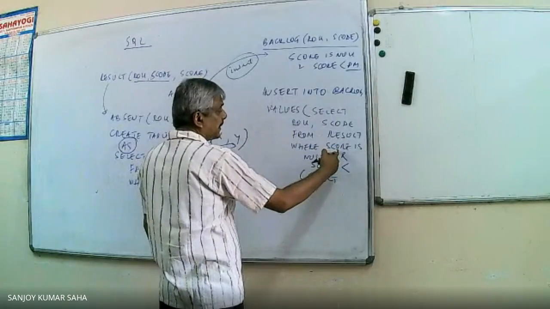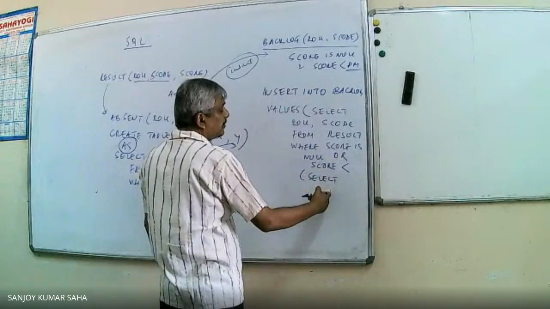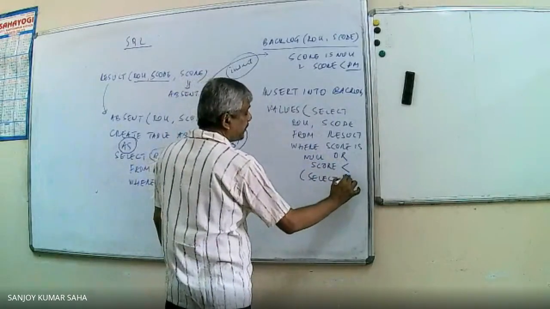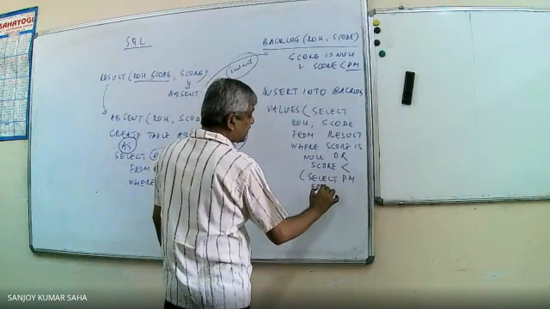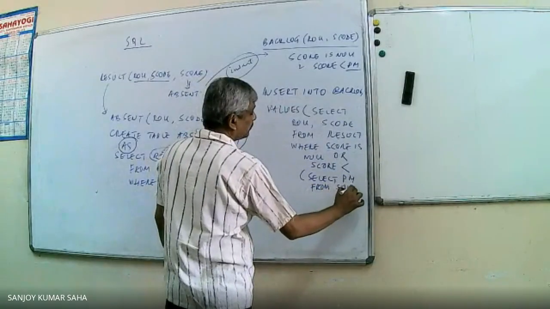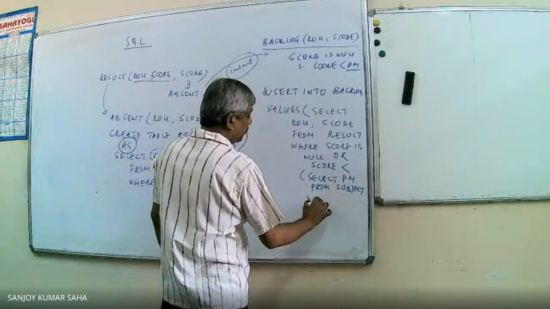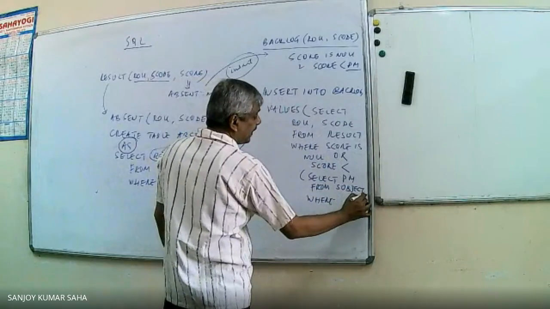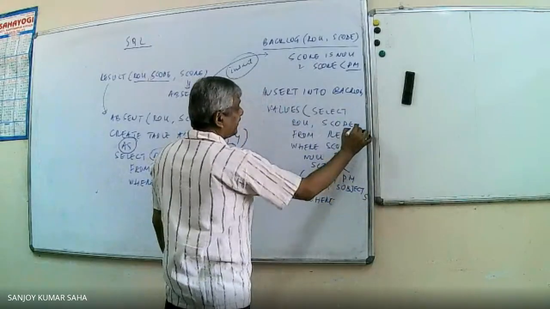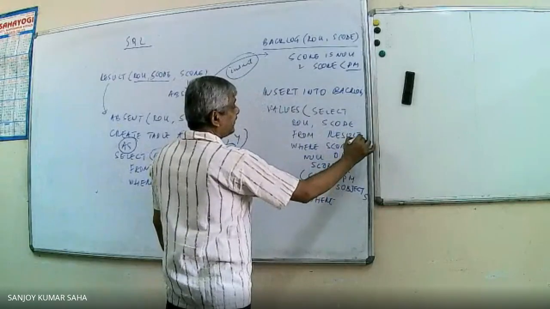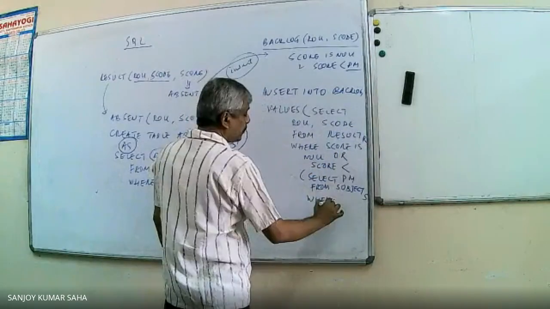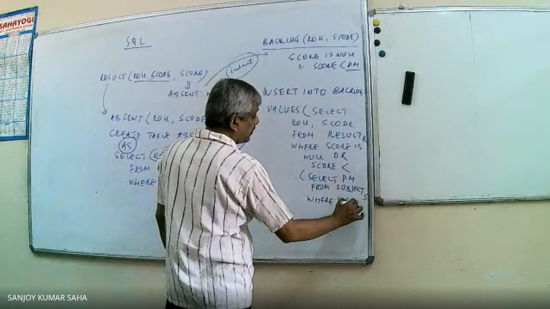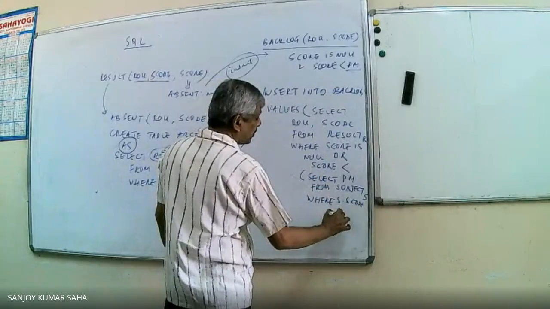For this particular subject, we have to find out the first ones. So select PM from subject. Say I am aliasing subject as S, result as R. So where S dot score equals R dot score.